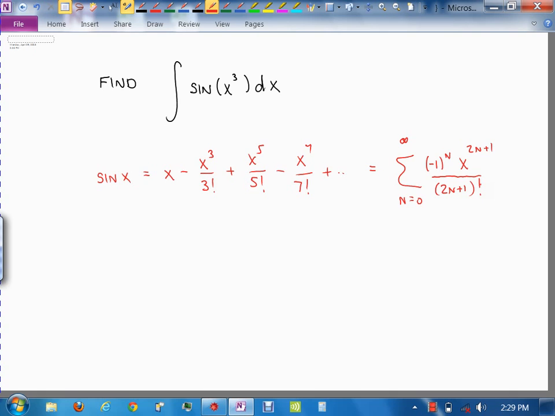We don't have sine of something. We have sine of x cubed. So I want you to look at this formula, the one I have in red, as sine of u, and all of these are u's. If I want to write out sine of x cubed, I just replace all my u's with x cubed.